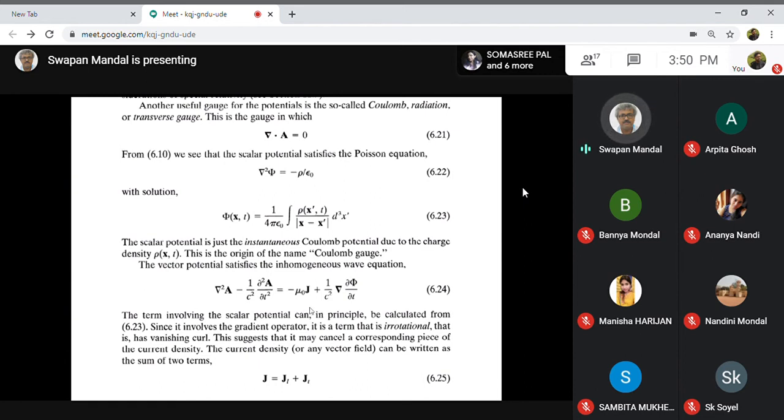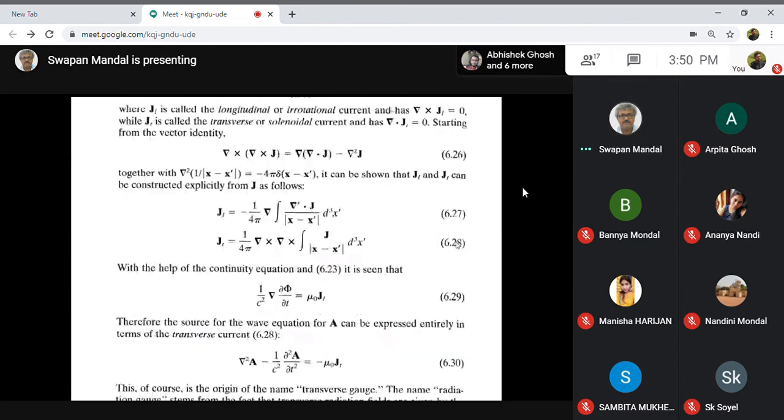So I have some advantage about this. J equal to JL plus JT. Now just going through some algebra, JL can be written like this. I'm leaving it as an exercise for you.